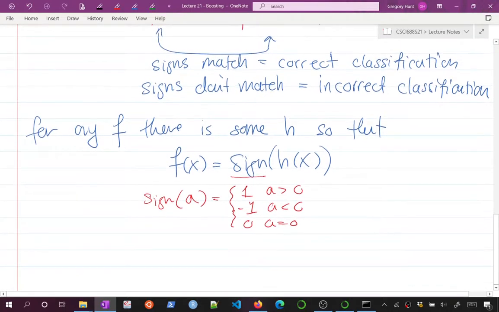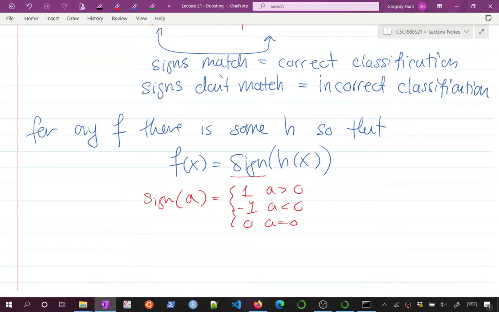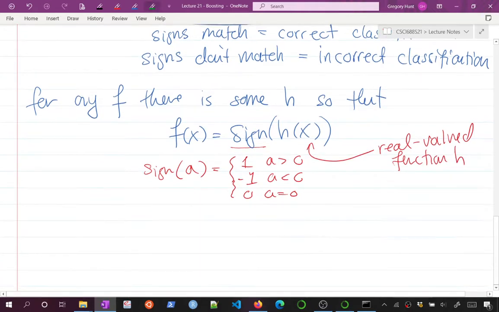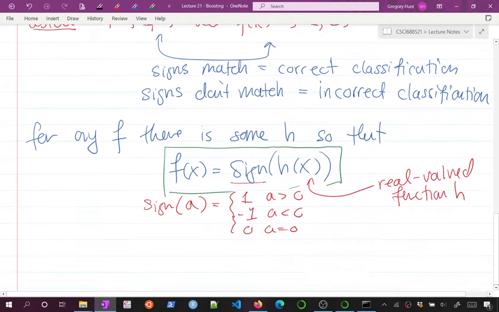You can ignore the 0 case. Since f outputs just either negative 1 or 1, you can always write it as the sign function of some other real valued function h. And you'll often see classifiers written in this form in computer science or statistics literature as just the sign of something. But that's all that's happening: they're using this negative 1, 1 encoding.